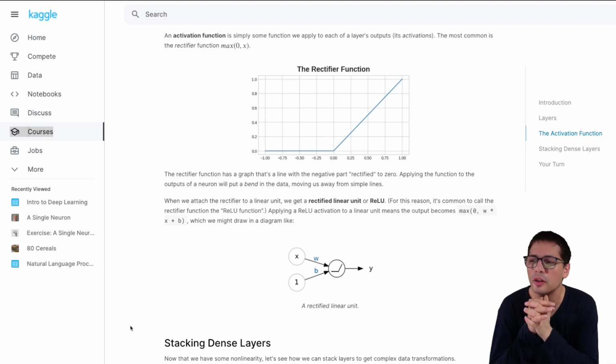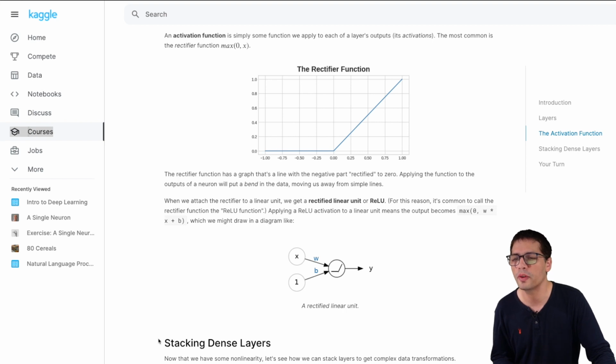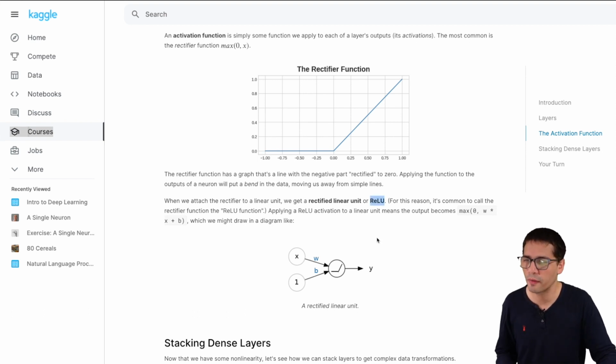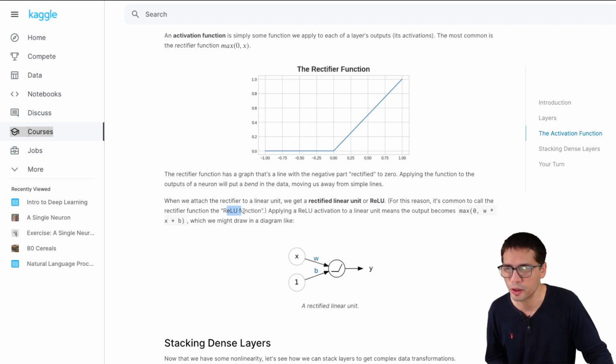Applying the function to the outputs of a neuron will put a bend in the data, moving us away from simple lines. When we attach a rectifier to a linear function, we get a rectified linear unit, or ReLU. For this reason, it's common to call the rectifier function the ReLU function.